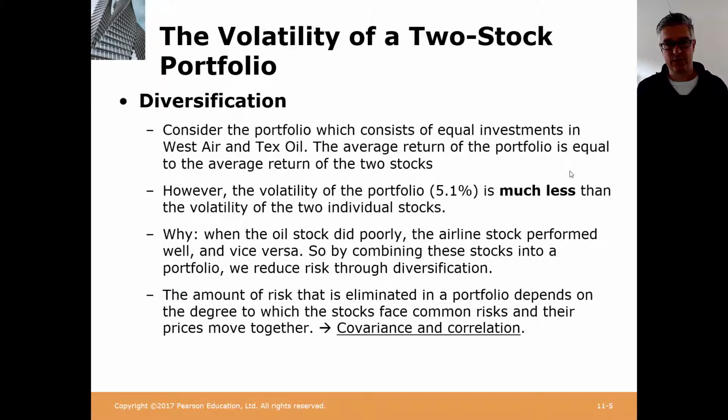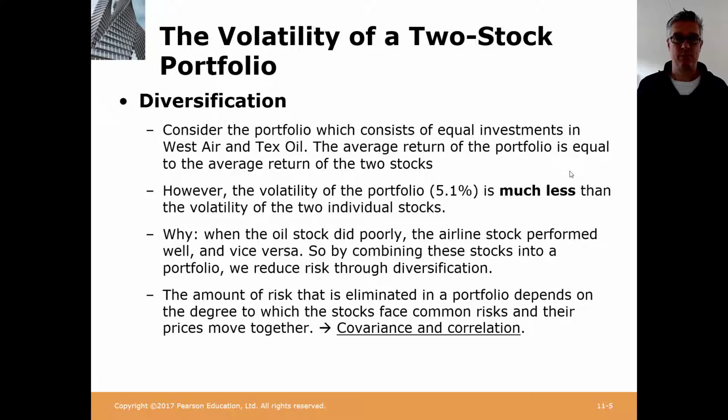So why is the volatility so low for this portfolio with Tex Oil? Well, that's because these two stocks have negative correlation. When one goes up, the other goes down, more or less. If you have that, then combining two shares will typically lead to more diversification.